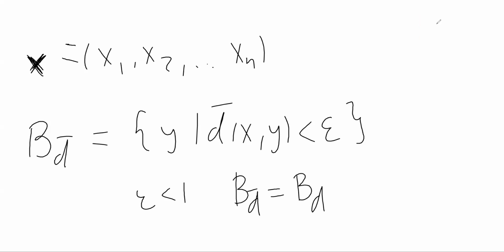Yeah. So for d, the topology generated by the metric d is some balls, right? The subbasis is a lot of balls, right? And now if you want to find the topology generated by d bar, that means you're just trying to find those small balls, with radius less than 1, and use them as subbasis, right?